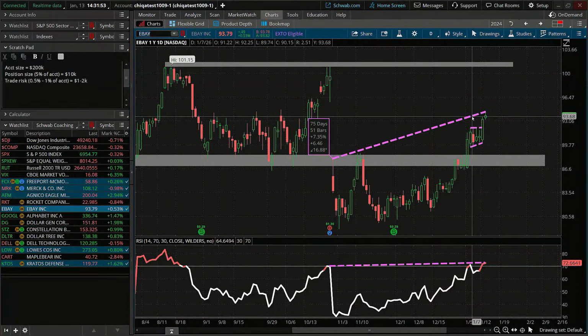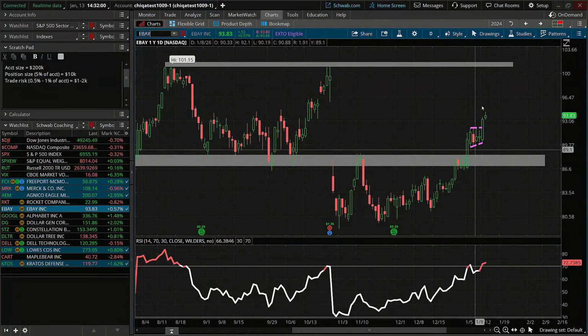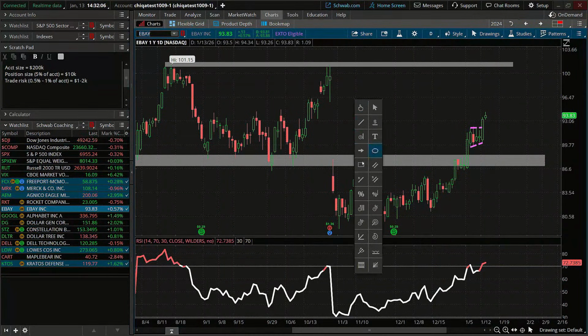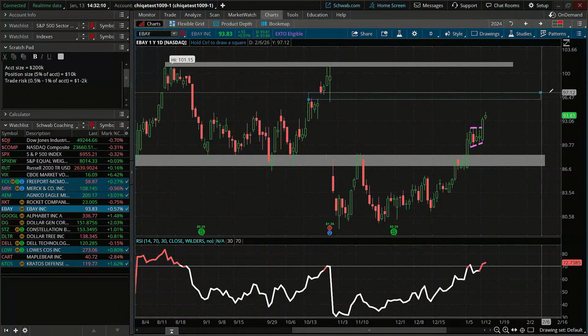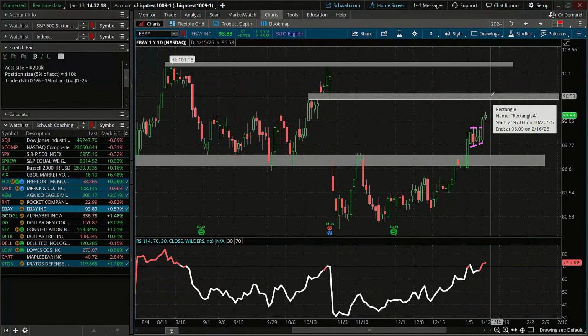We saw a little bit of confirmation here, with higher highs being made in price and higher highs being made in momentum. It looks like the next area of resistance may be around 96 or so, where we see the rest of the gap that would need to be filled from October 30th. That would be the first level of resistance.